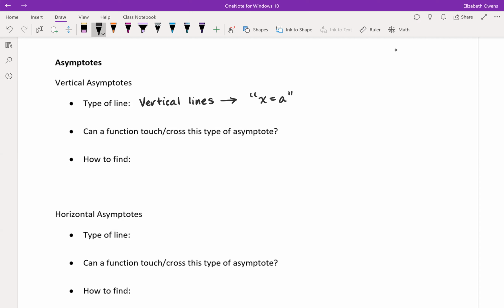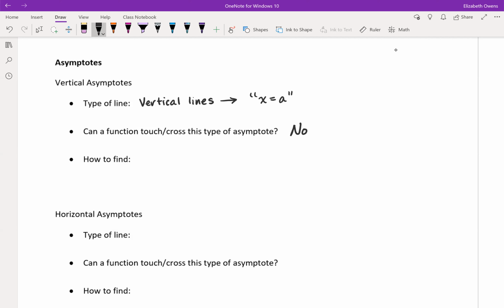Okay, next question. Can a function cross or touch this type of asymptote? What do you think? If you said no, you are right. No, we cannot touch a vertical asymptote with our function, and your function cannot cross over a vertical asymptote.